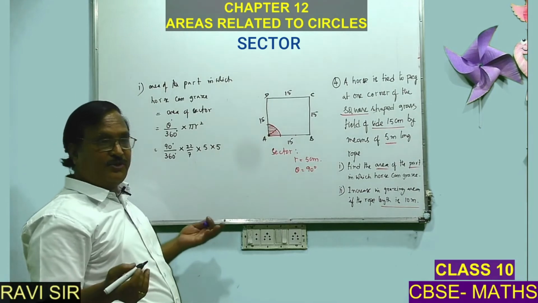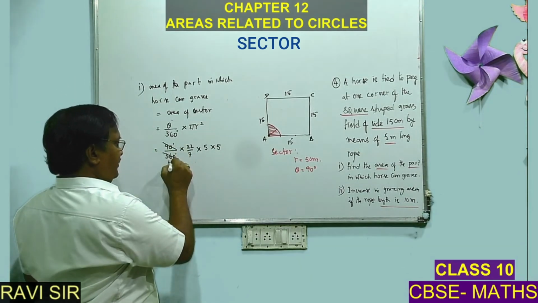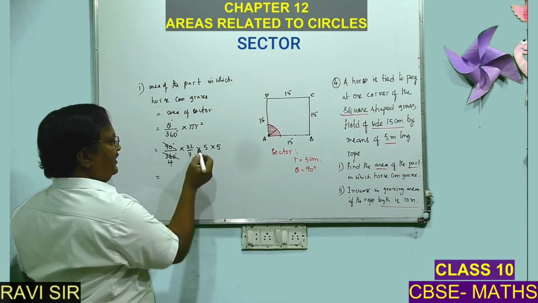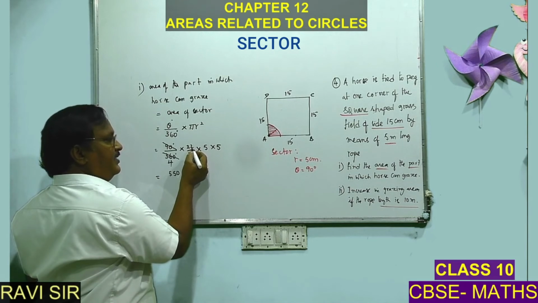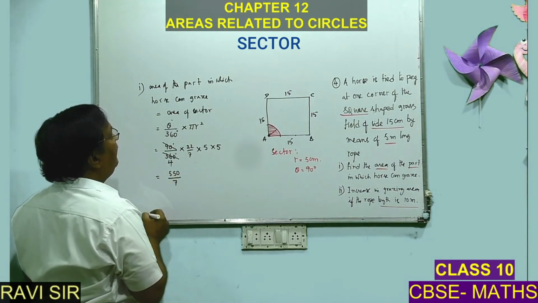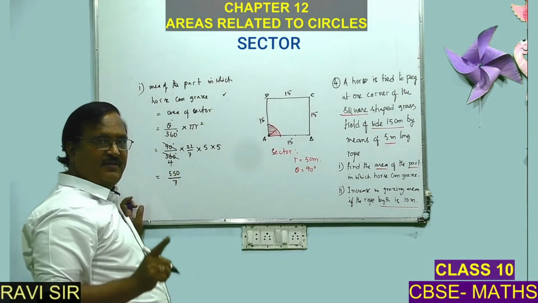Okay, now substitution is over. Now the 4 times calculations are over. So then how much? 550, 5 into 22, 110 into 5, 550/7.